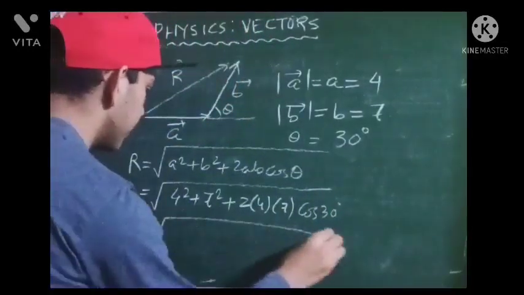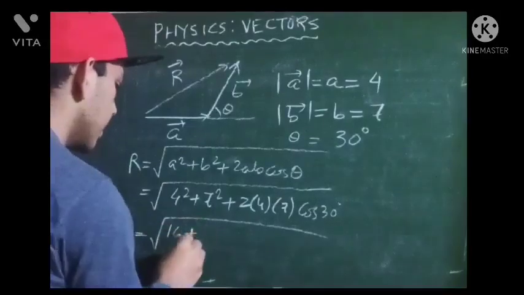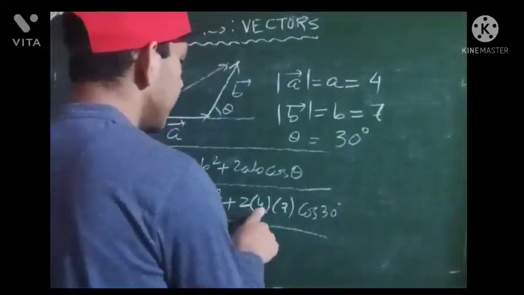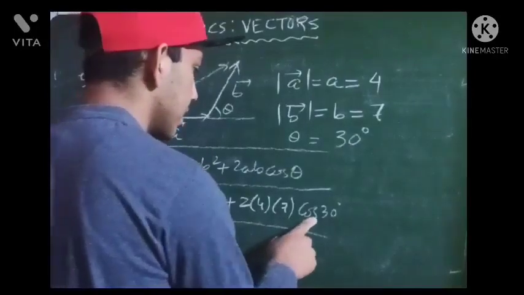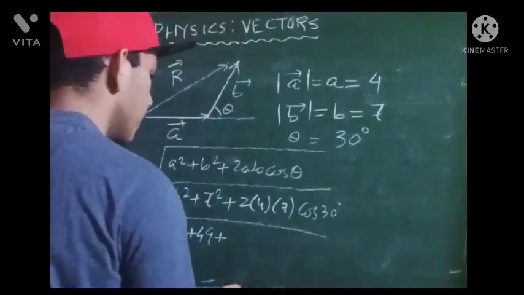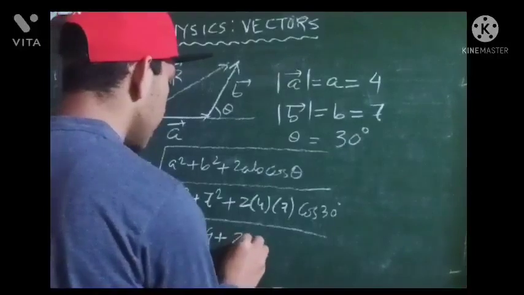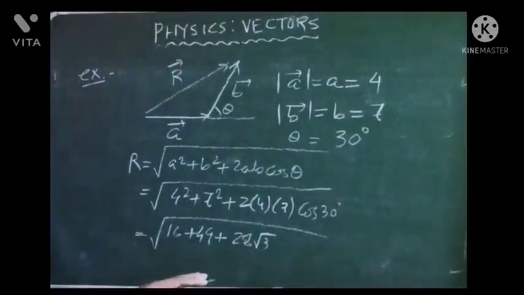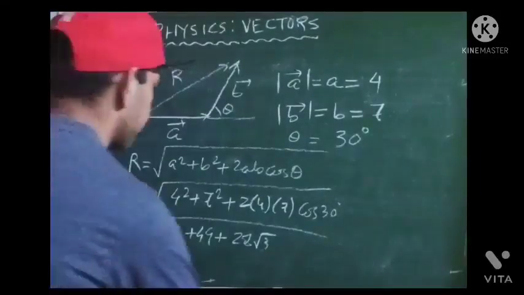We are going to get 4 square 16, 7 square 49, 4 times 2 is 8, 8 sevens are 56, cos 30 is root 3 by 2, so 28 root 3. I hope all of you can simplify this result.